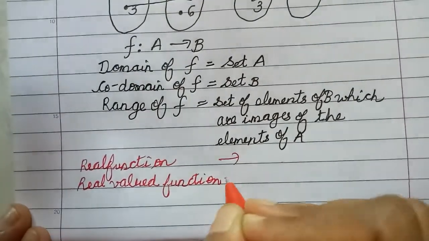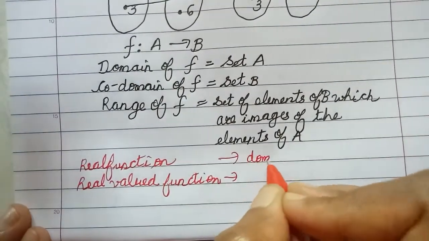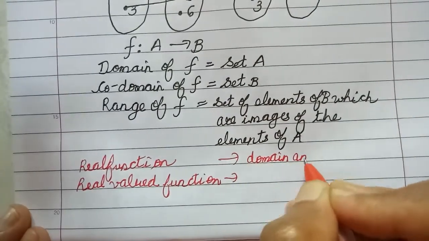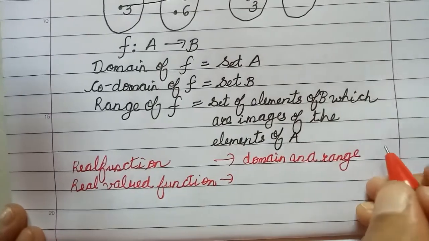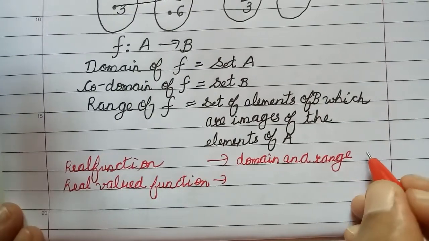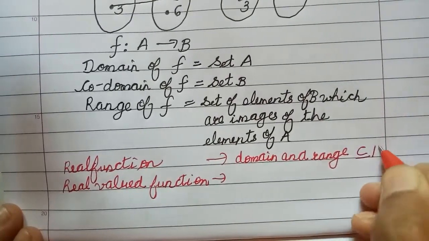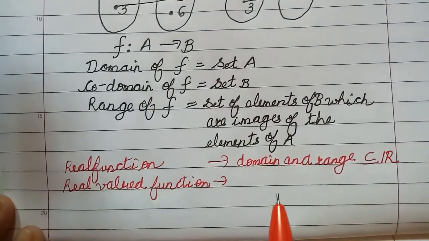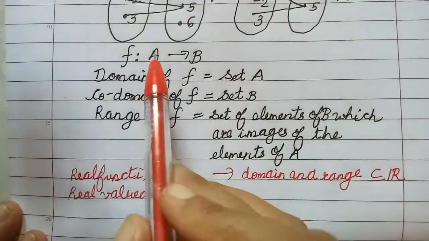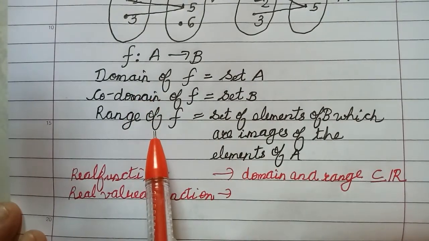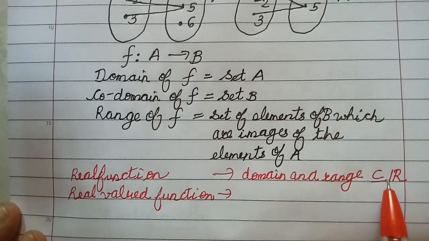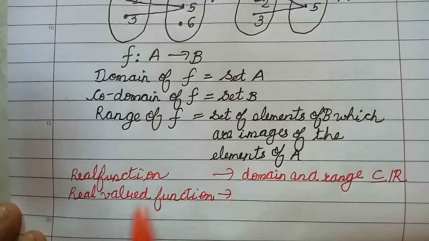Real function means that the domain and range of a function is the set of real numbers or a subset of R. So if the domain and the range of a function is the set of real numbers or a subset, then it is called a real function.